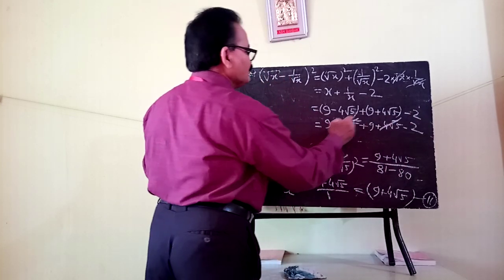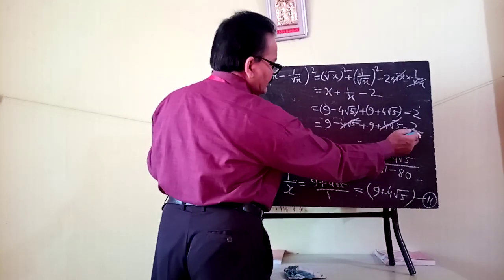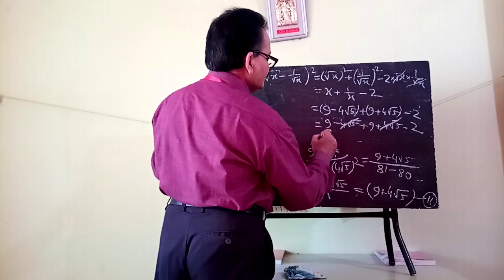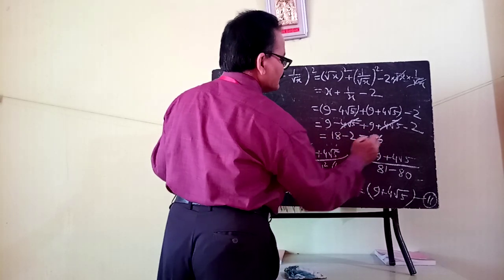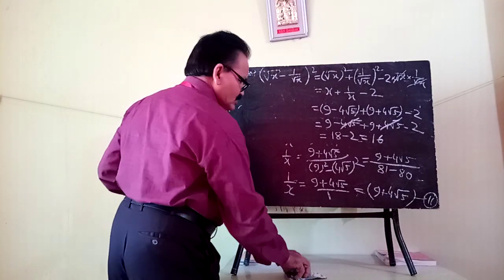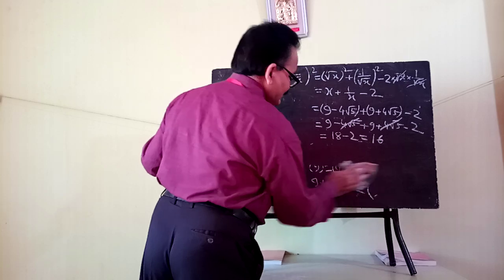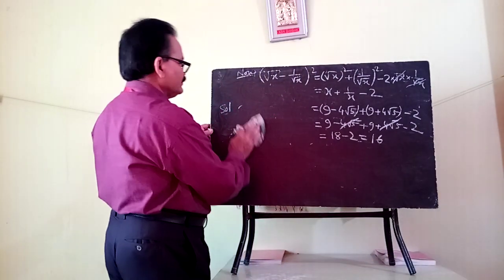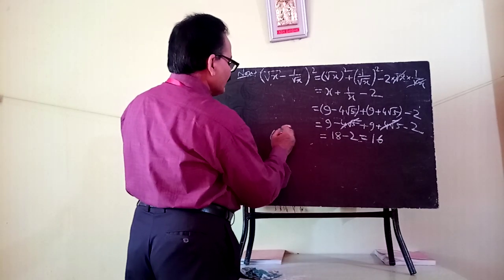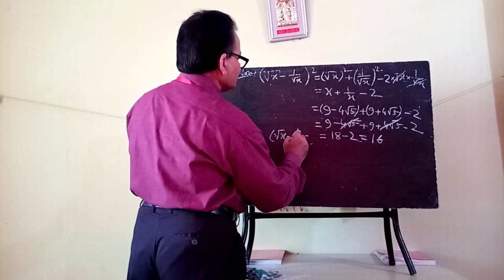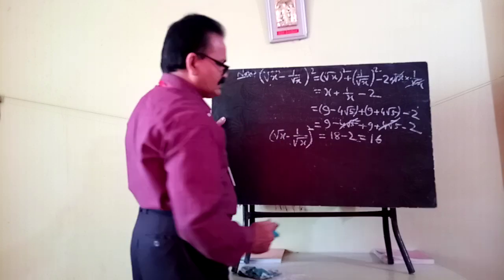So 4 root 5 cancel each other. 9 plus 9 is 18, and 18 minus 2 is 16. So your value of square root of x minus 1 upon square root of x whole square equals 16.